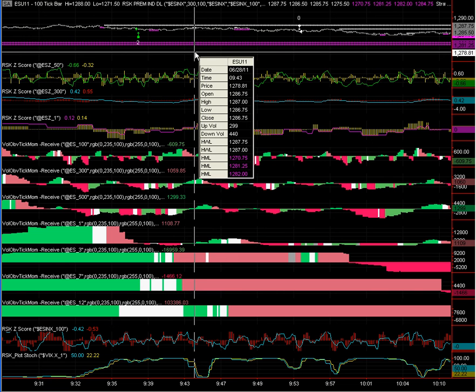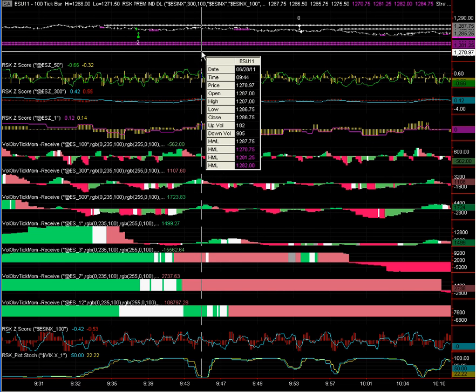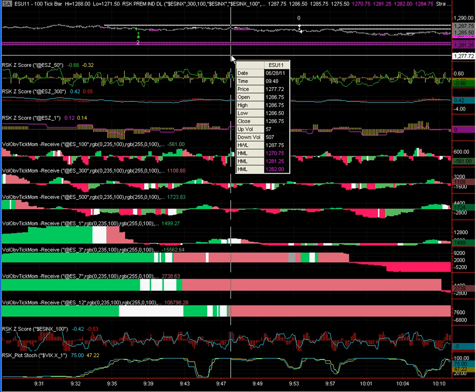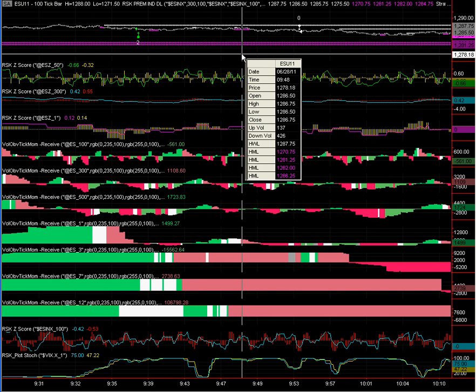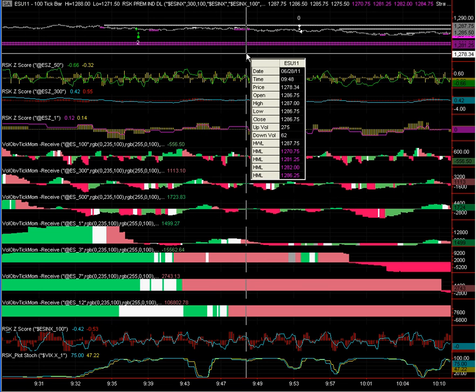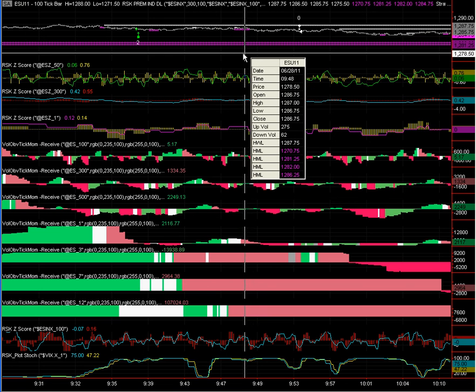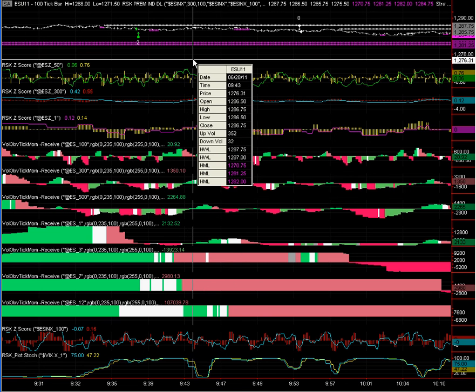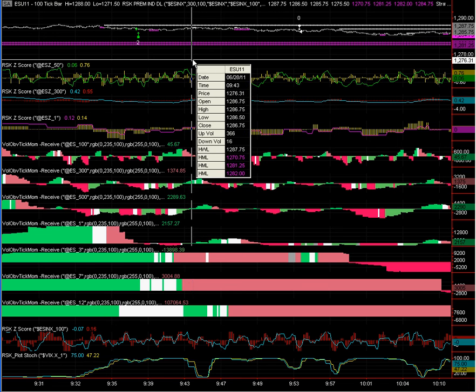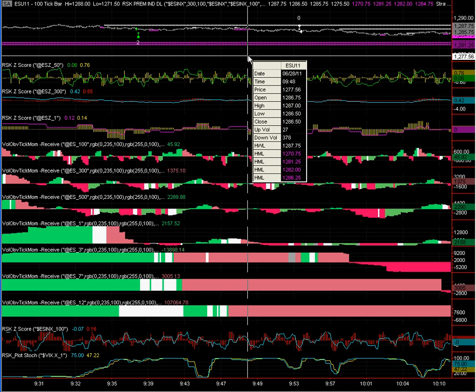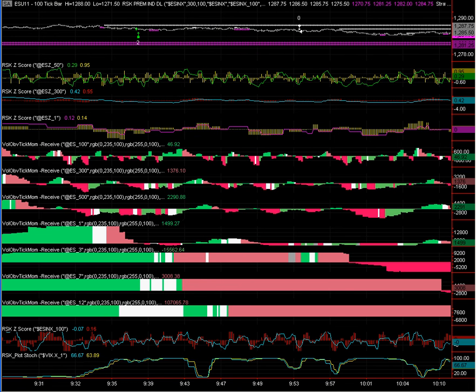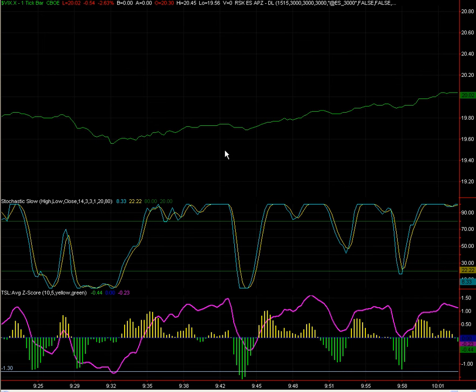The market moved up at around 9:43 to a high, and tested that high at 9:48, into 9:50 roughly. Let's take a look at what happened to the VIX during that period between roughly 9:43 and 9:48. Here we're tracking a 1-tick VIX with both a stochastic and a z-score.